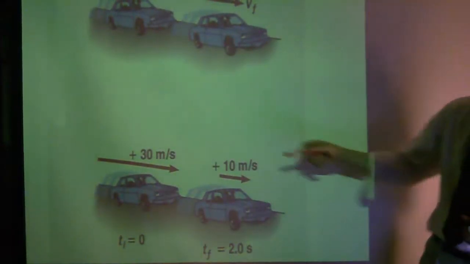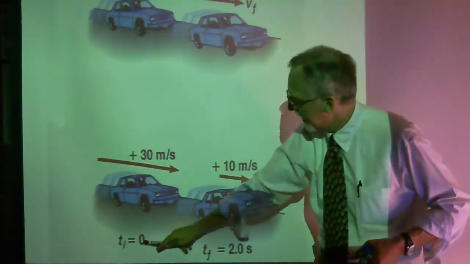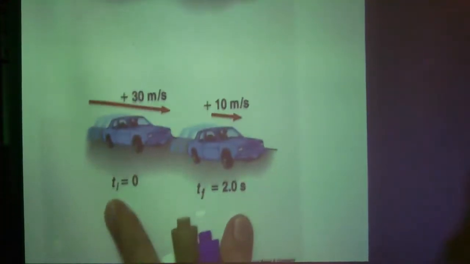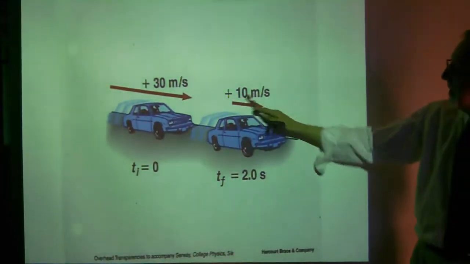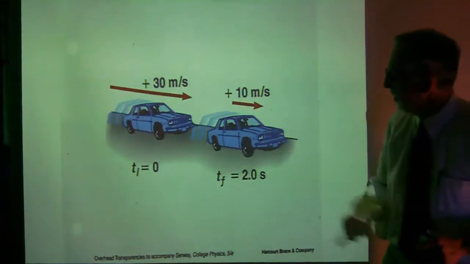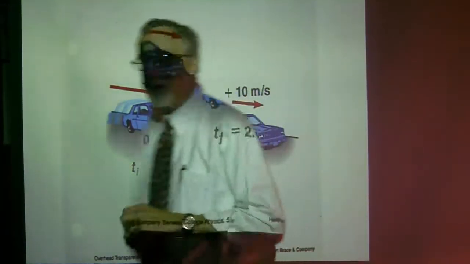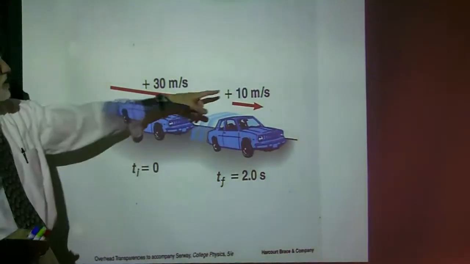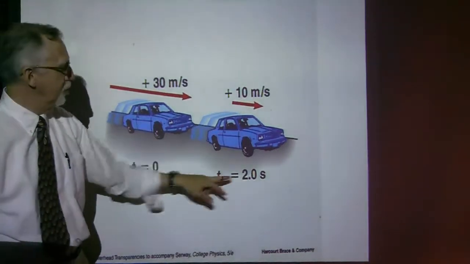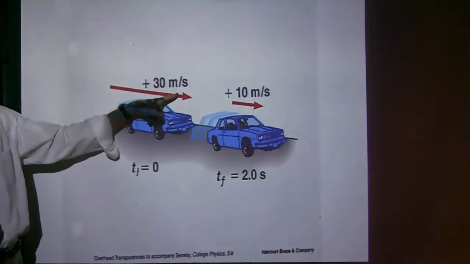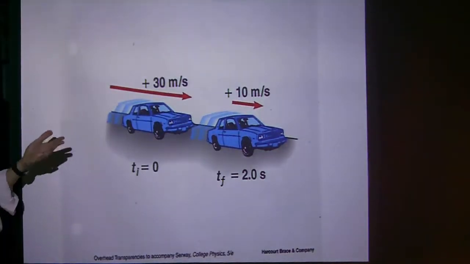So here we have an object initially going here with some initial velocity, let's say 30 meters per second, at an initial time of t equals 0. Later on, moving at 10 meters per second with a final time of 2 seconds. Let's see if we can figure out what the acceleration is. Acceleration is final velocity minus initial, so 10 minus 30 is negative 20. Time interval, 2 minus 0, 2 seconds.